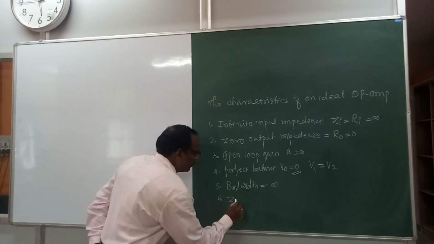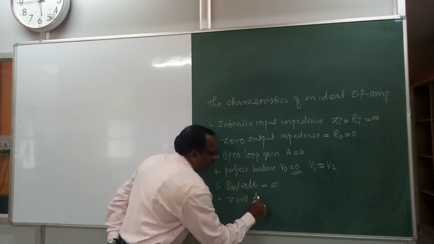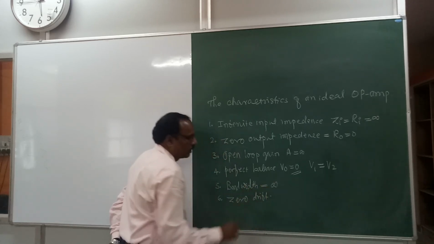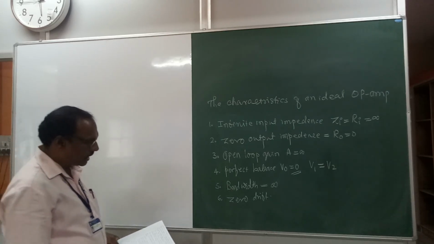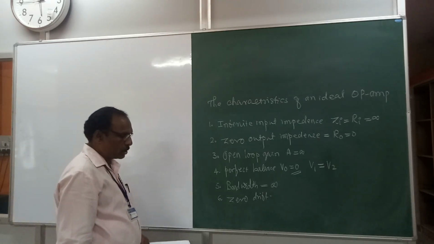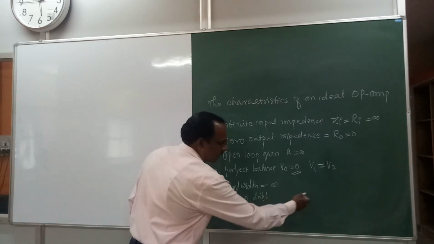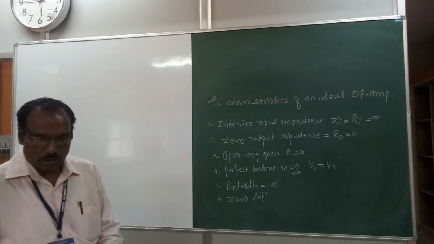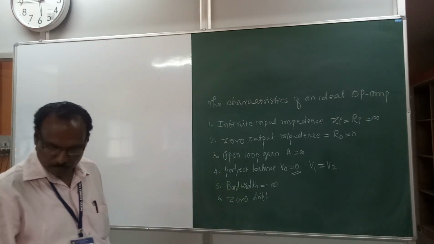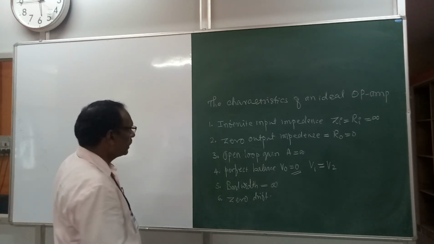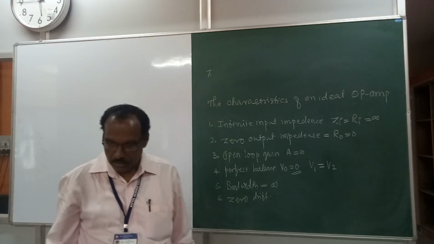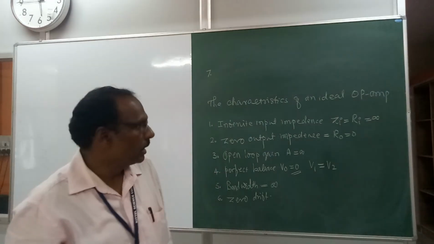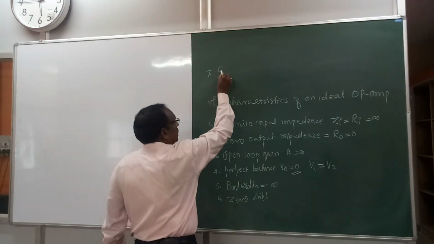Zero drift: no change in the characteristics with temperature is called zero drift. I have another characteristic, what is called the common mode rejection ratio. It is called CMRR.